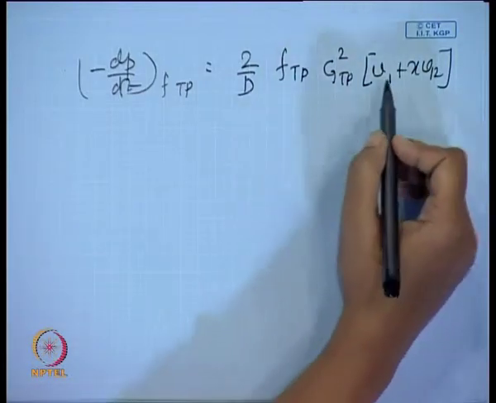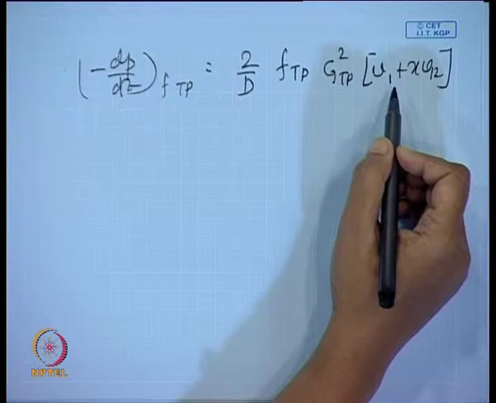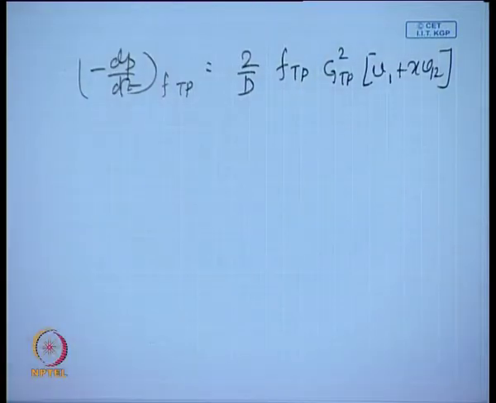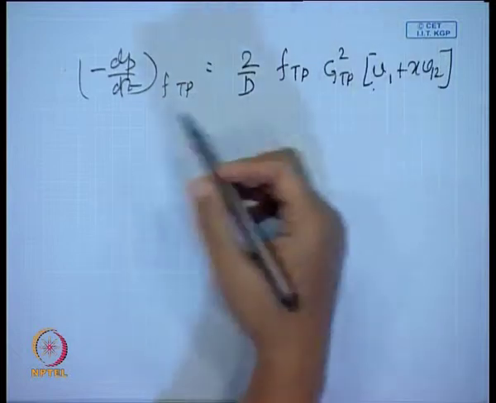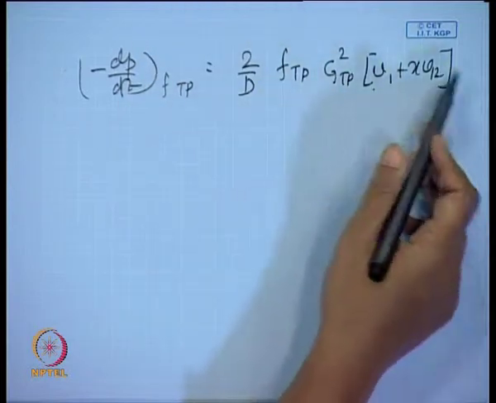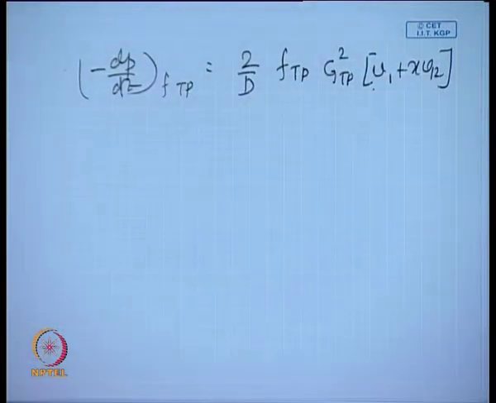Why I have written it in this particular form? Because if we have to find out the properties using your Mollier charts, steam tables, etc., then from there it is very easy to get V1, V12 and so on and so forth. So, therefore, this can be written down in this particular form, agreed.